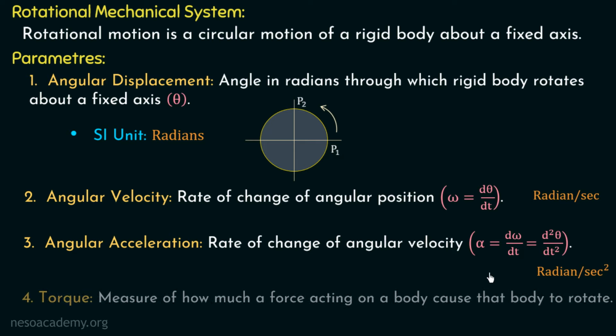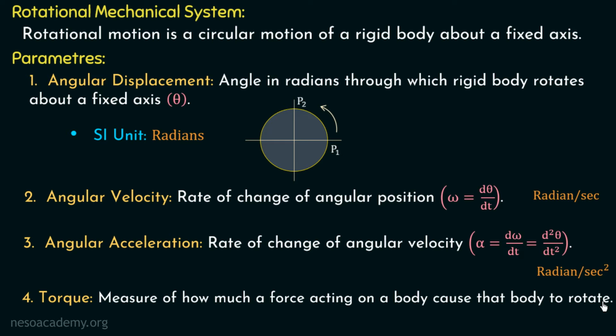Now moving on to the fourth parameter, which is the torque. In case of translational mechanical systems, we had force as the fourth parameter. Similarly, in case of rotational mechanical systems, we have torque. So it is the measure of how much a force acting on a body causes that body to rotate. In translational mechanical systems, we were using the force in order to move a body in a straight line.